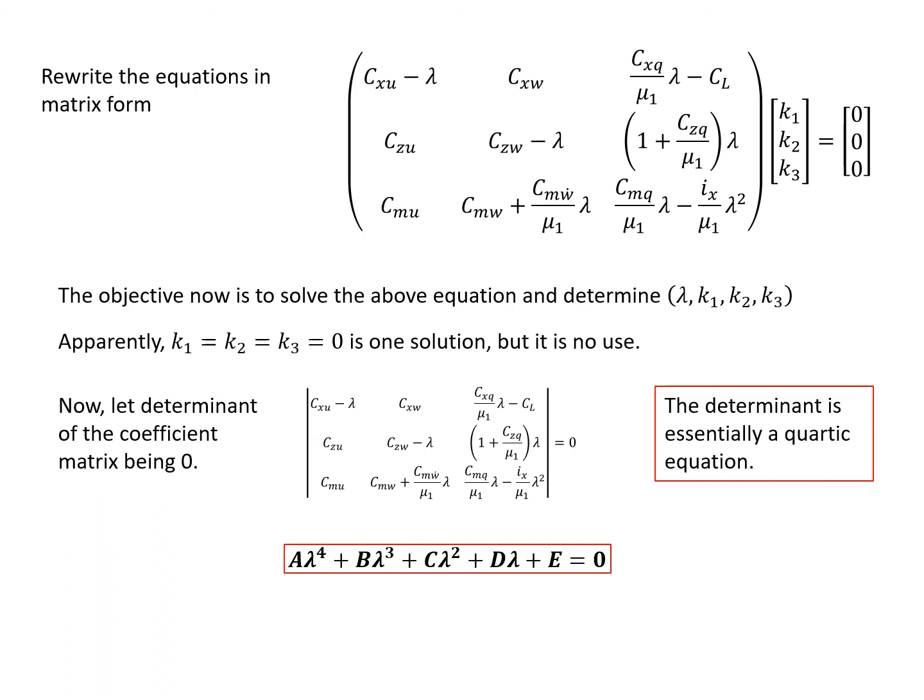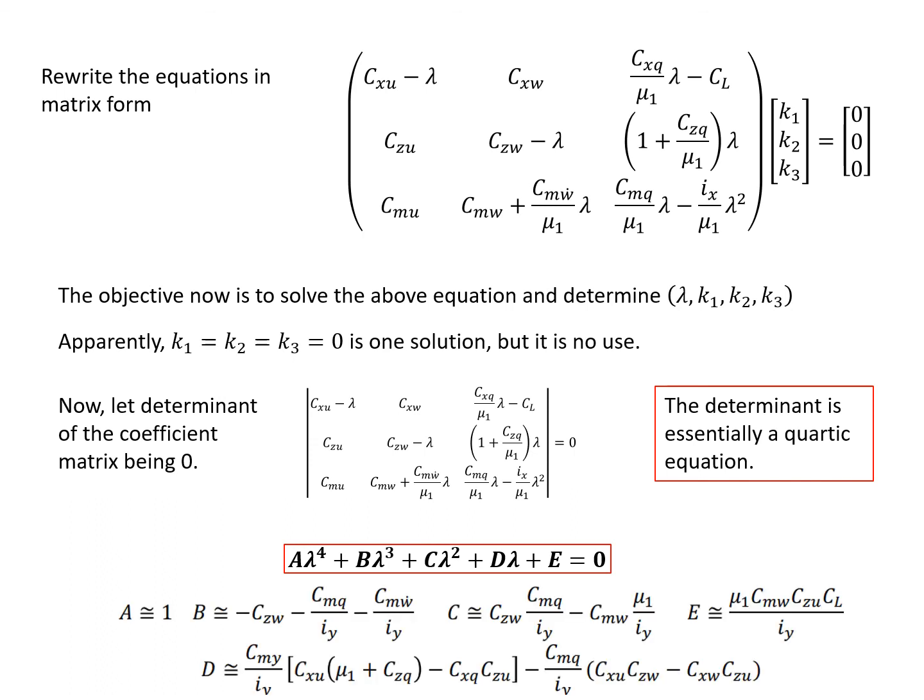This is a format we can assume. Now we just expand the determinant and compare with a, b, c, d, e. We can find that a is 1, and b, c, d, e have their own relations. This is what we have so far for the longitudinal equations.